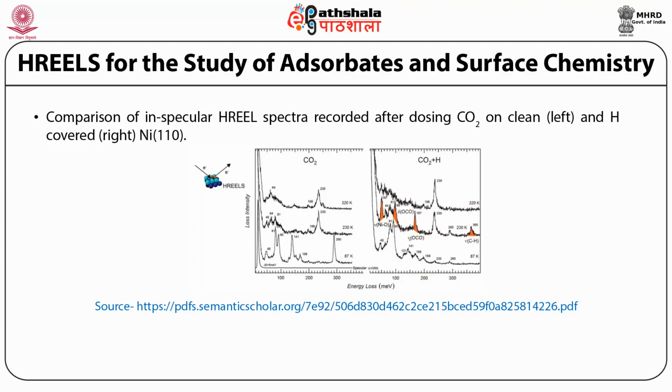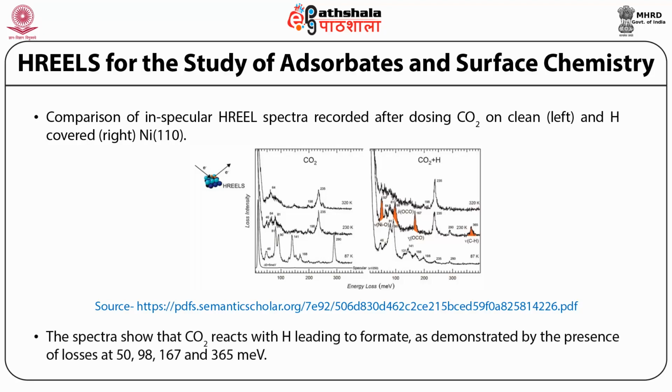One indicates carbon dioxide dosing on a clean surface, which has been given on the left side of the figure, and on the right side we have carbon dioxide covering the nickel surface. The spectra show that CO2 reacts with H, leading to the formation of formate, as demonstrated by the presence of losses at 50, 98, 167 and 365 milli electron volts.